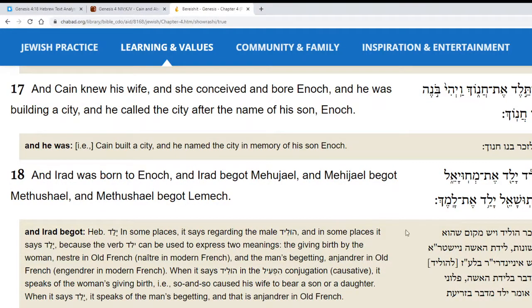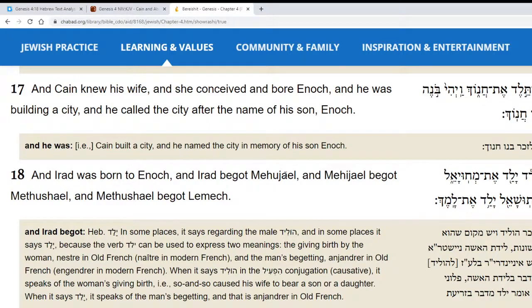So there is a Rashi explaining the conjugation here. Rashi does explain, and you can go based on that. Veyivaled, and Irad was born to Enoch, and Irad begot Mehuyael and Mehiyael. So they're actually changing the names.